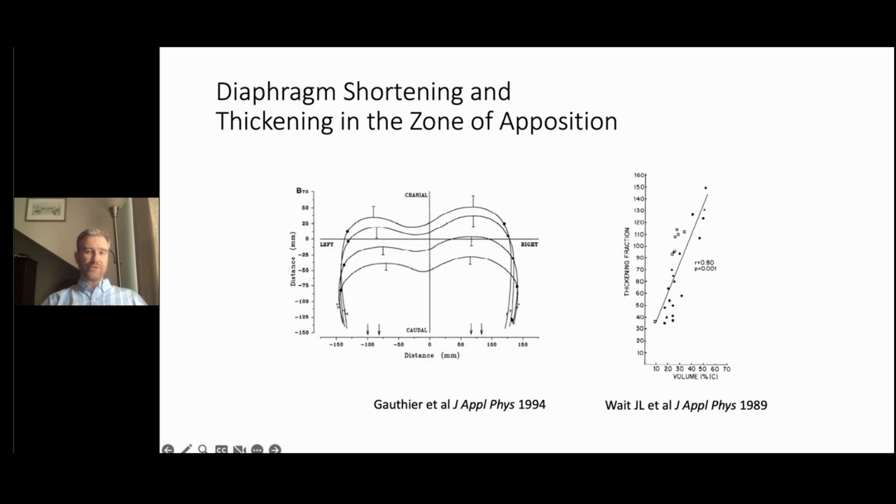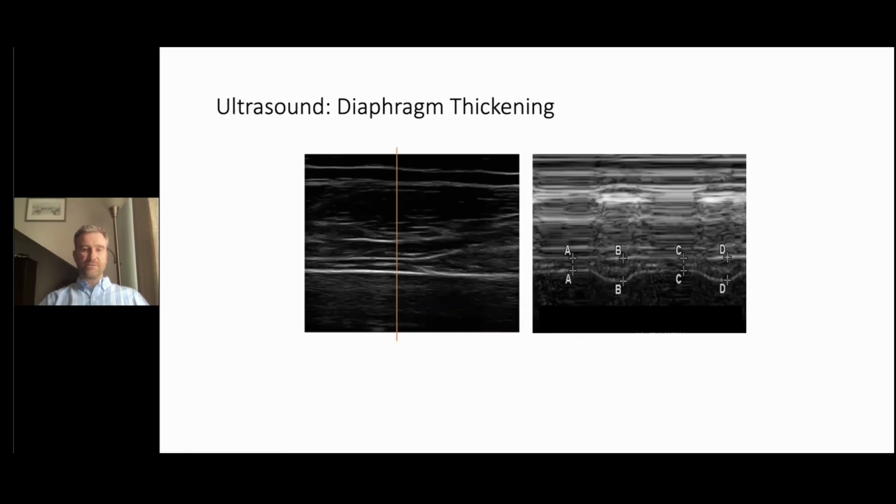So really what you visualize with the ultrasound is the shortening and hence the thickening of the muscle during inspiration. It's been shown that the thickness of the muscle as a percentage of expiratory thickness increases in proportion to inspired volume. So ultrasound is a very useful technique to visualize the thickening of the muscle.